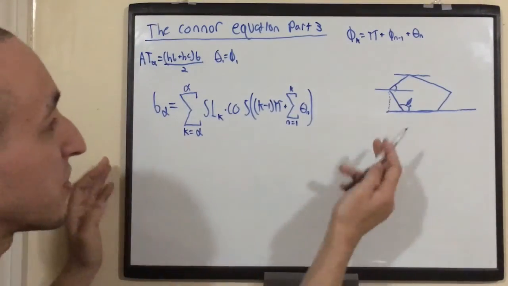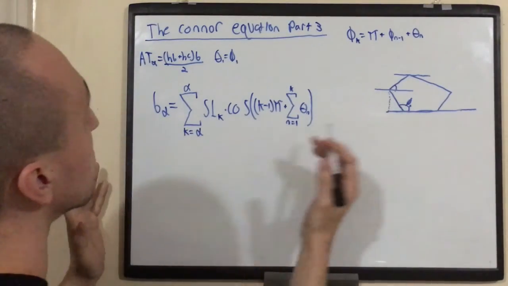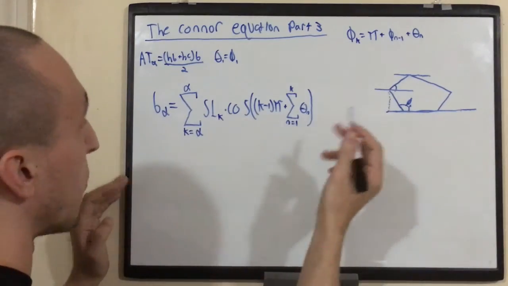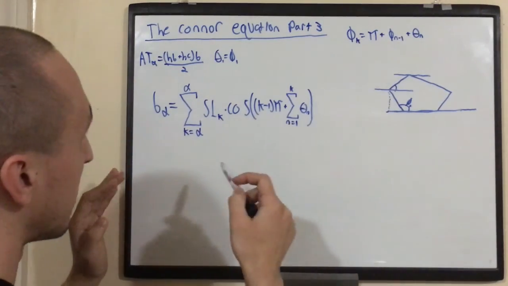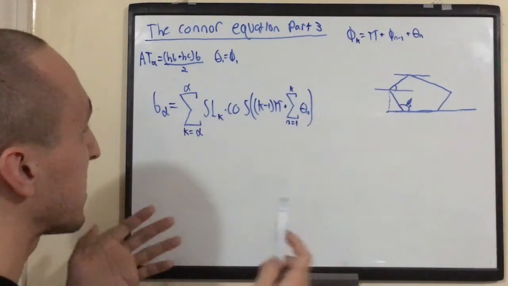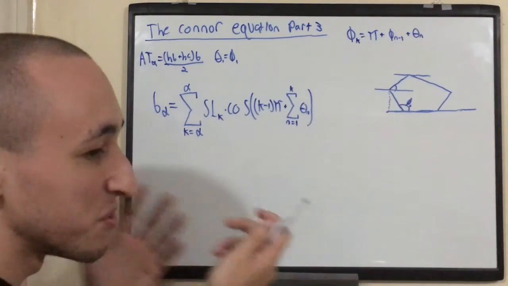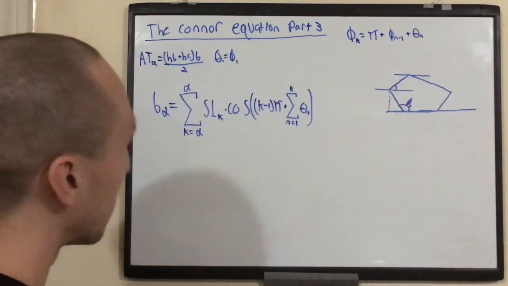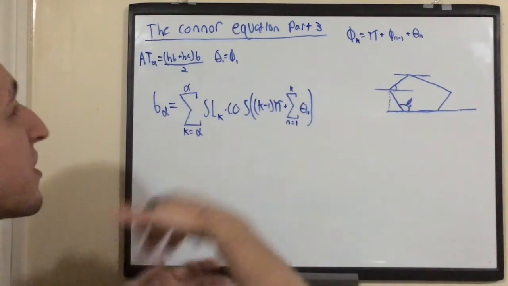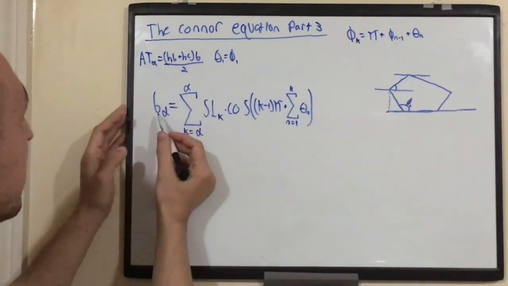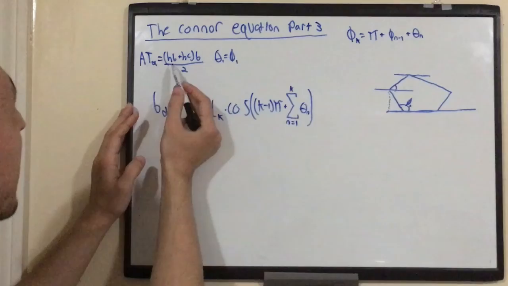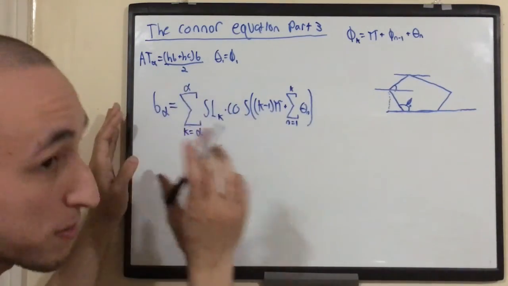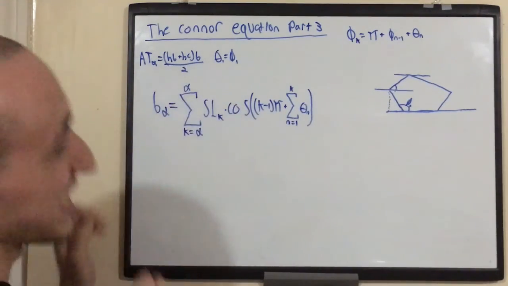I hope you can understand why we're doing this. This is the way we have to do this to make everything work in harmony, because remember, this is just the base. We have to do the same thing for the heights, and that'll be in the next video.